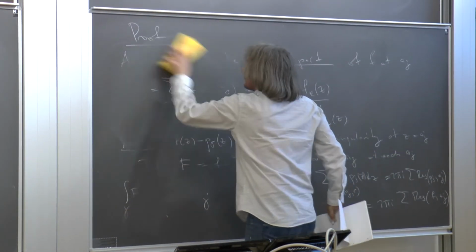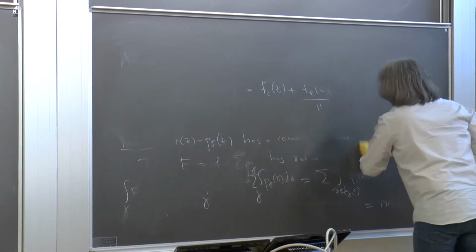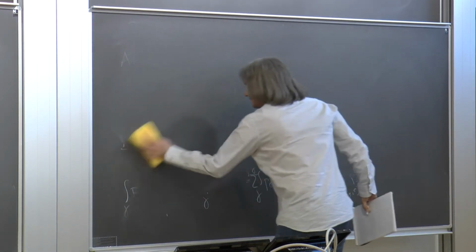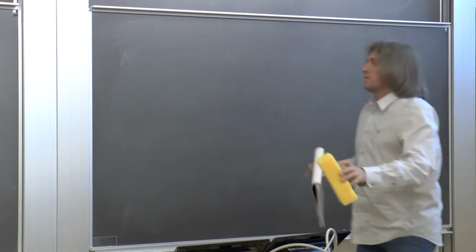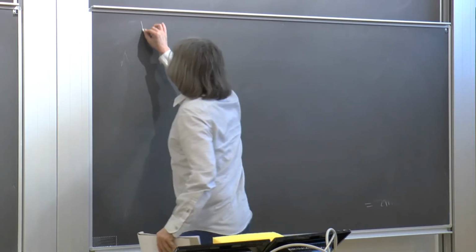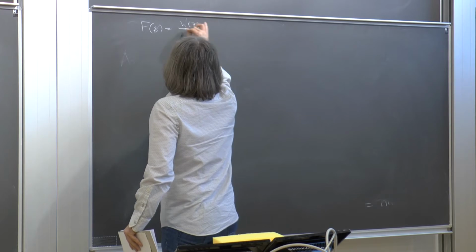So now there are two cases. So we have this function f of z, which is h prime of z over h of z.